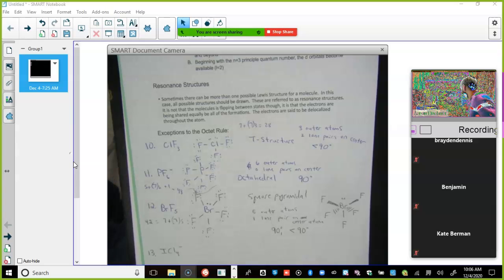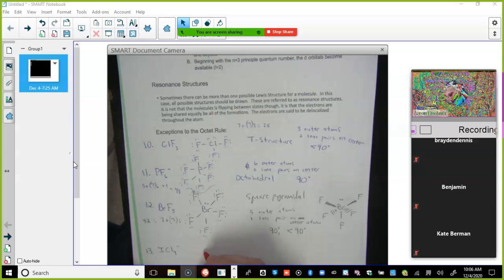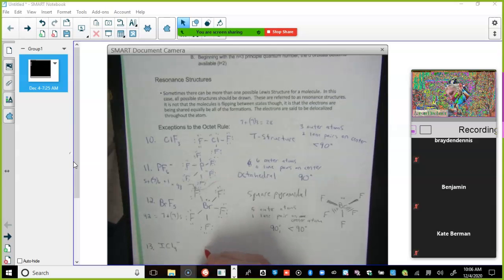ICl4. Alright, we got iodine. And here, I'm going to make the rough draft. It's going to be an incorrect drawing.